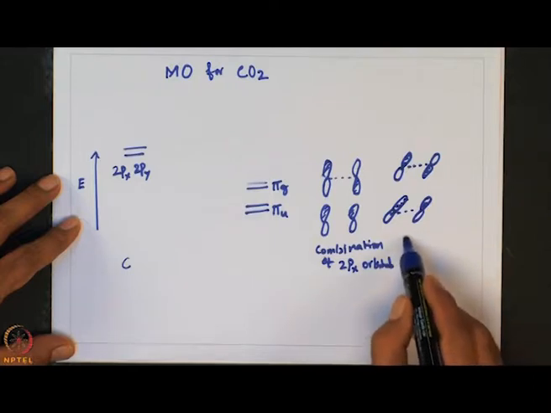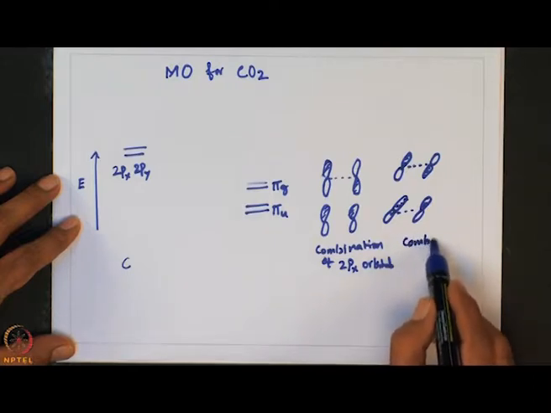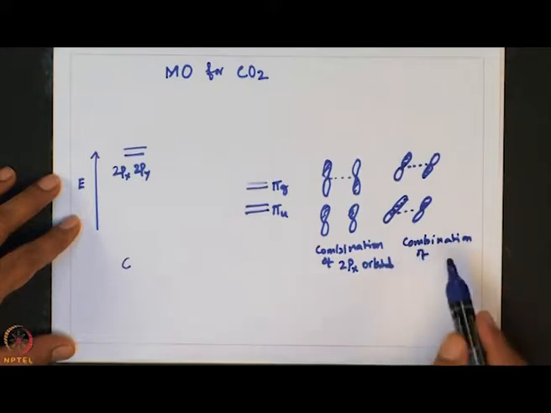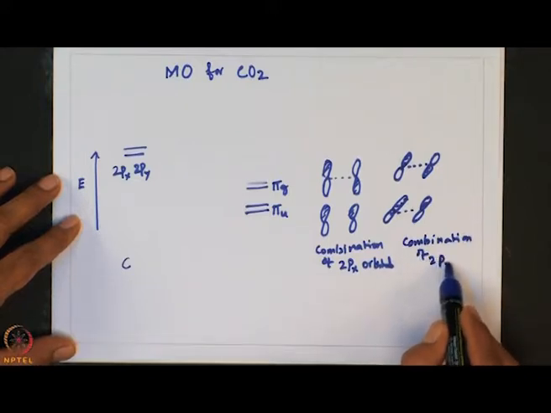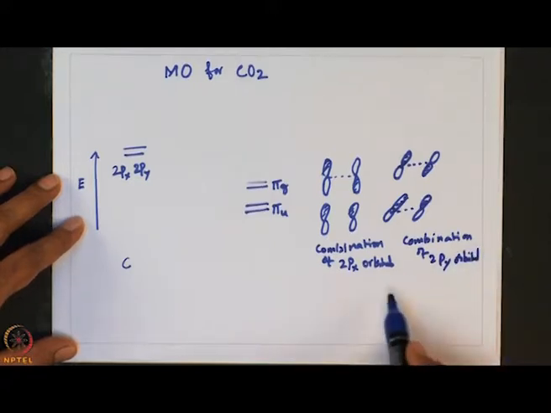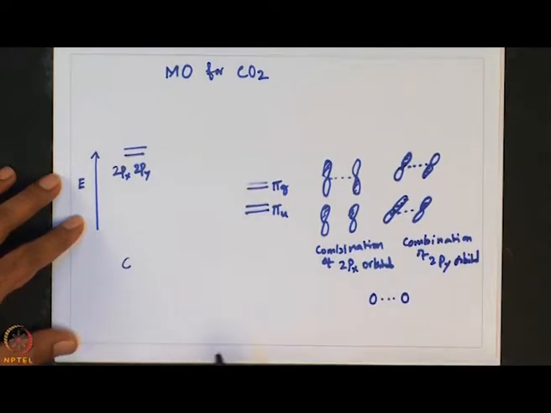So, here the combination of two py orbitals. Both represent O here. And now, this is for CO2.